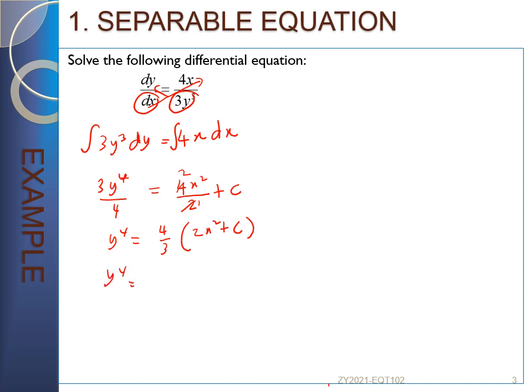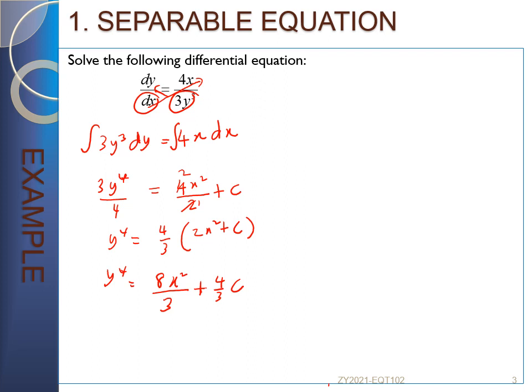Next we simplify it, you will get 8x squared over 3 plus 4 over 3 c.